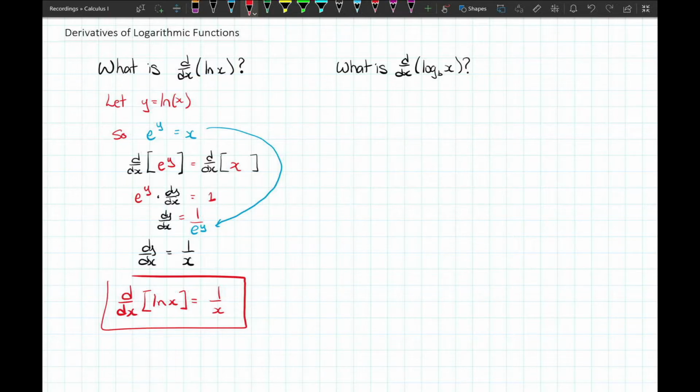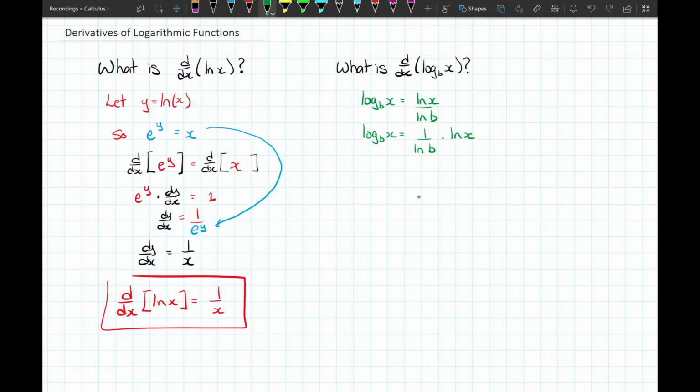Now, what about if we change the base slightly? Of course, we could change log base b of x to a natural logarithm of x just using a change of base formula. And after we've done that little change of base, we can see we just have this constant multiple. Log base b of x is nothing more than 1 over the natural logarithm of the base b times the natural logarithm of x. A little change of base formula.